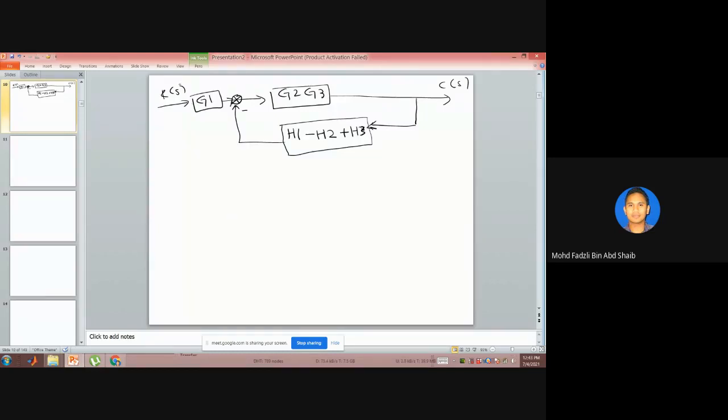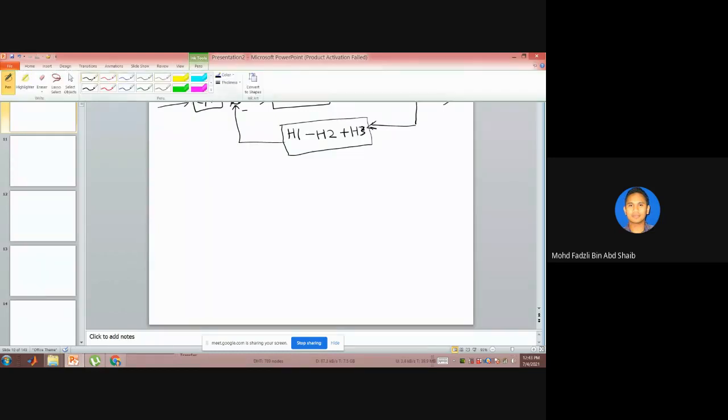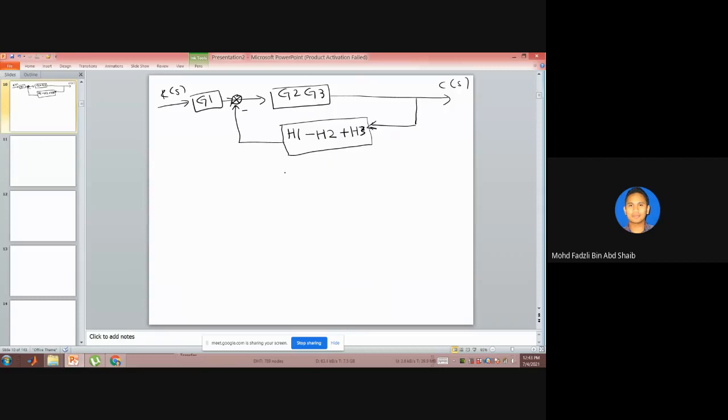Then it becomes what? This one can be combined, okay? We have R(s) here, and we have G1.